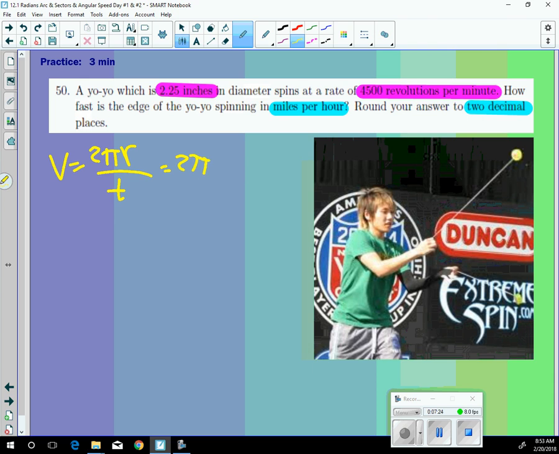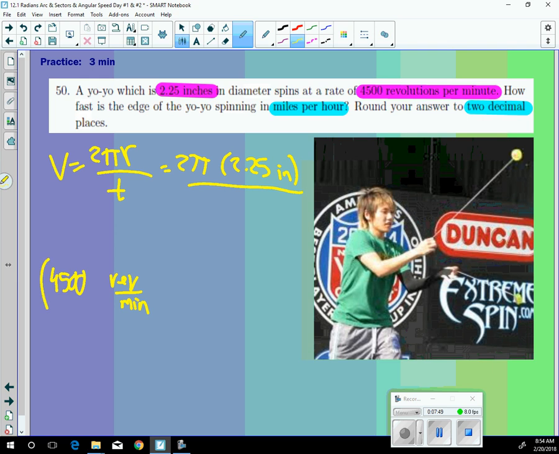So what's the radius of this yo-yo revolution? 2.25 inches. You okay with that? And it says it's 4,500 revolutions per minute. Uh-oh. Okay.